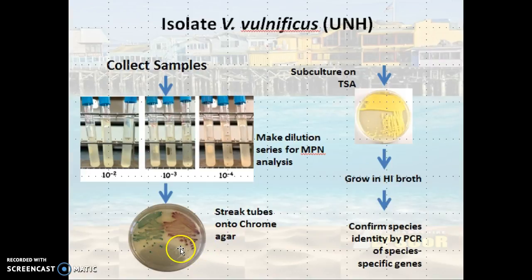Once we've got them purified, we subculture onto tryptic soy agar so that we get high levels of growth, and to verify that the colony morphology is the same, which indicates purity in the strain. And then from there, we grow them up in a broth called HI broth, and that's what we use to extract DNA to do PCR to determine and confirm that what we're handling is Vibrio vulnificus.